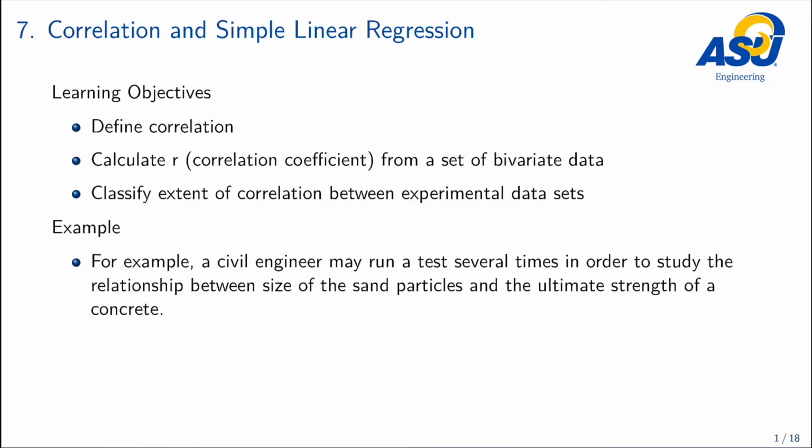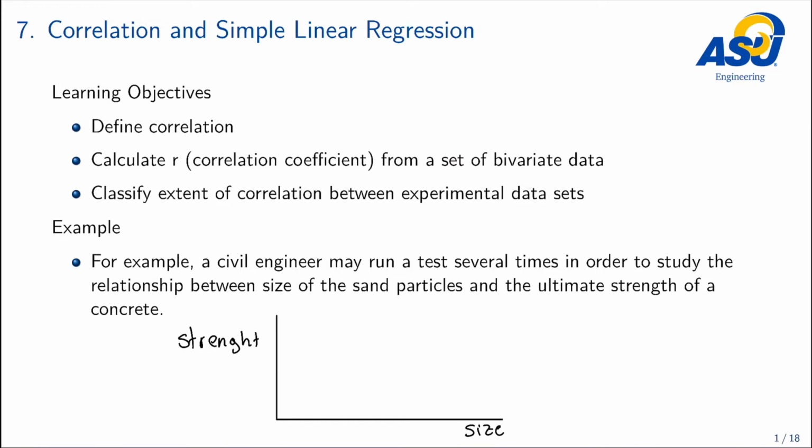As an example, consider that an engineer wants to establish the relationship between the sand particle size and the strength of the concrete. So for that experiment, he will probably plot the results, with size on one side, and the second variable will be strength.